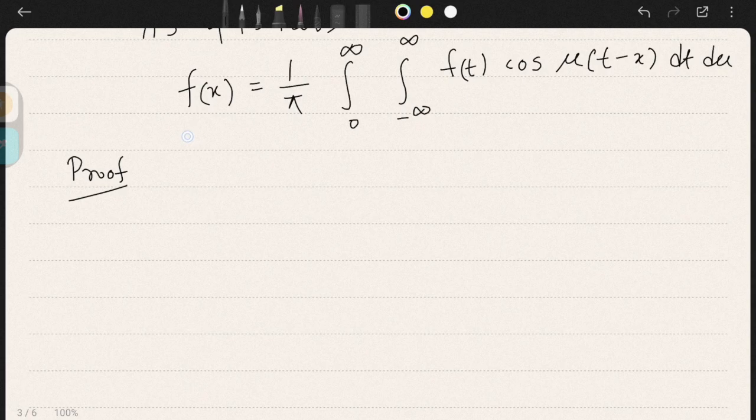Like we have seen, the Fourier series is equal to a naught by 2 plus summation of an sin nx plus bn cos nx, from 1 to infinity, like that. This is also the Fourier integral expansion of f of x in integral form when the function is not periodic.